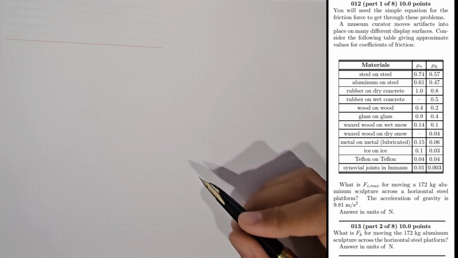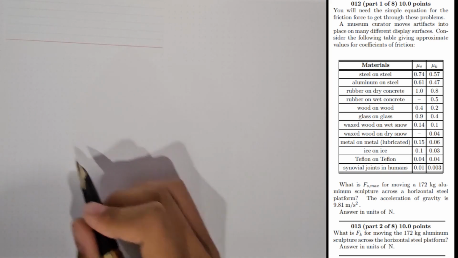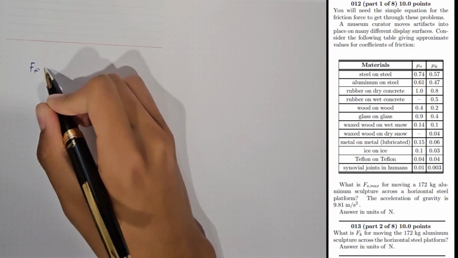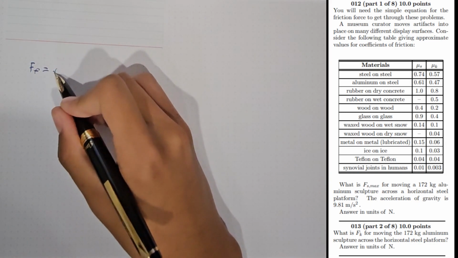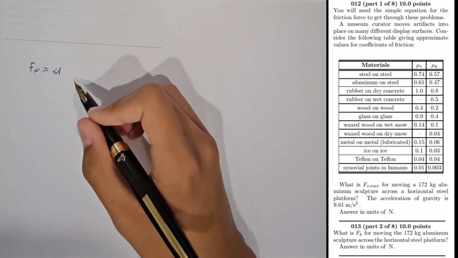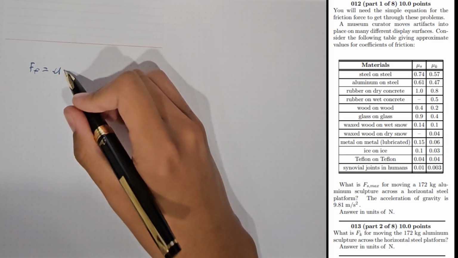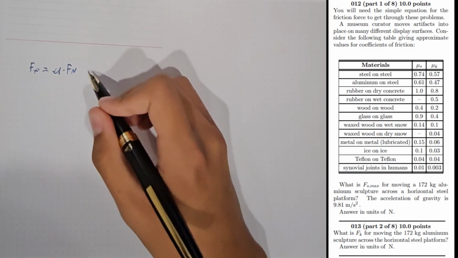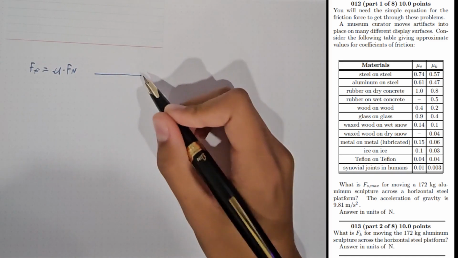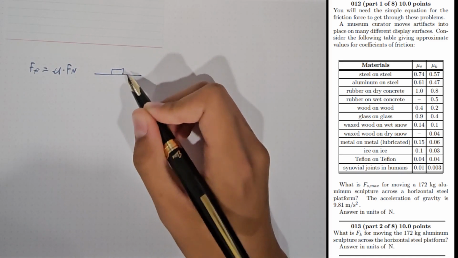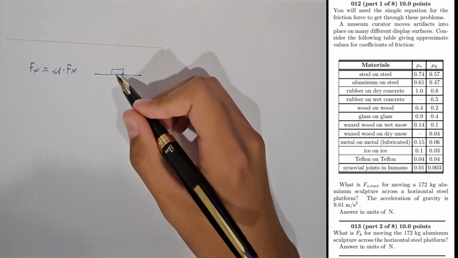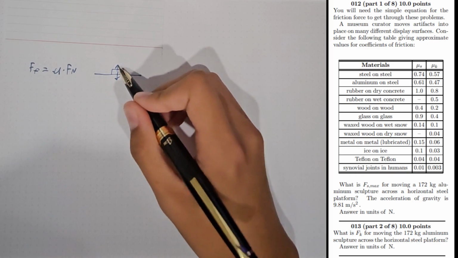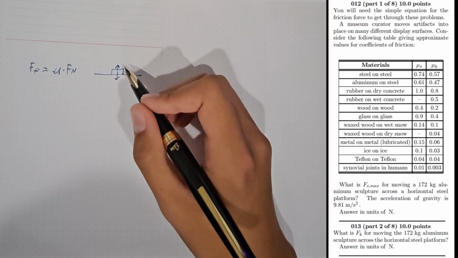I will start with the museum problems, which are going to use the force of friction is equal to mu, or the coefficient of friction for those materials, multiplied by the normal force. In all of these problems, there is a horizontal surface on which an object is being moved, which means that the normal force is going to be the same as the object's weight because it's asking for magnitude.